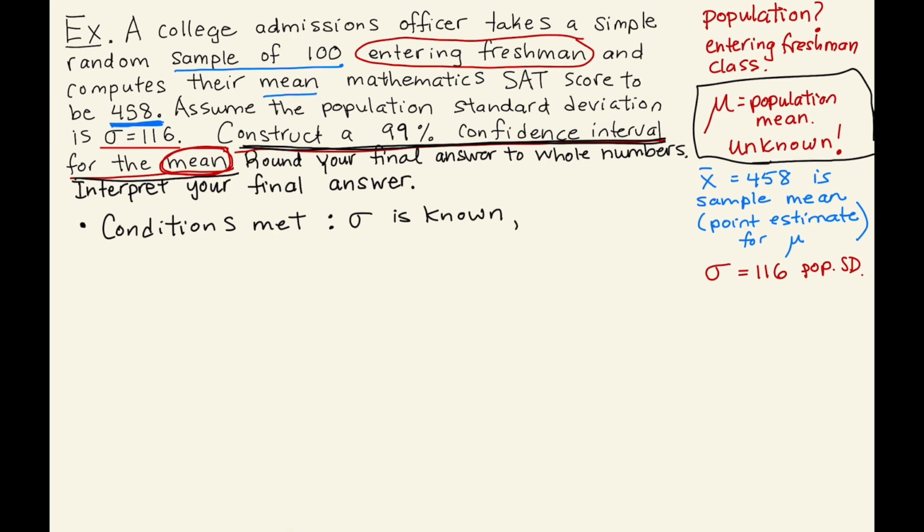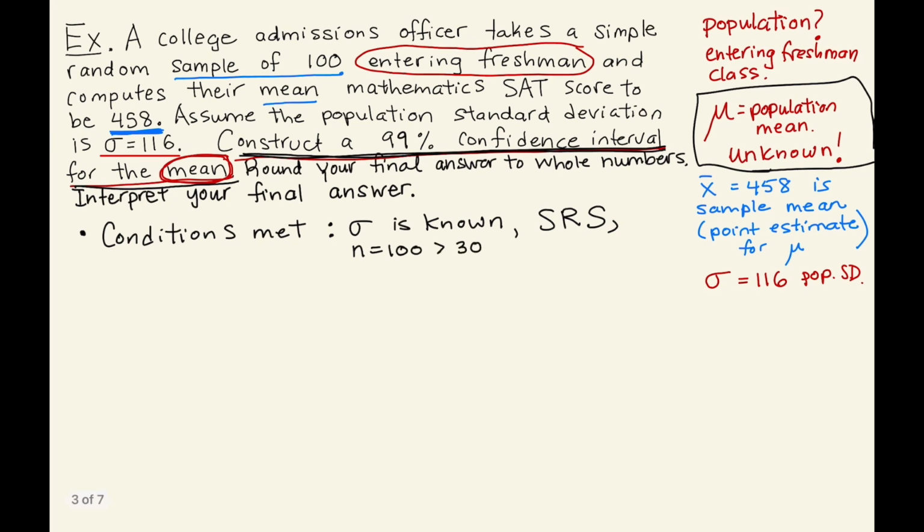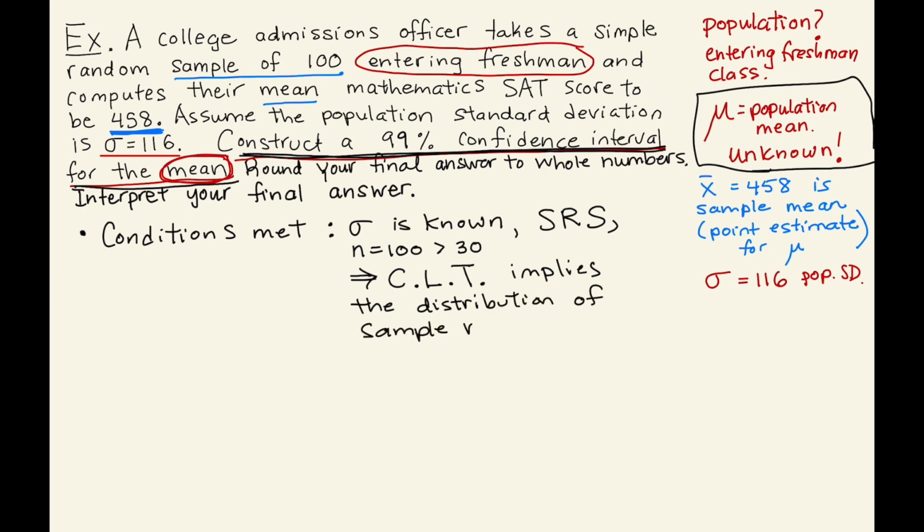Also, we have a simple random sample. And note that the sample size is equal to 100, which is greater than 30. So that's a large sample, and this implies we can use the central limit theorem: the distribution of sample means is approximately normal.